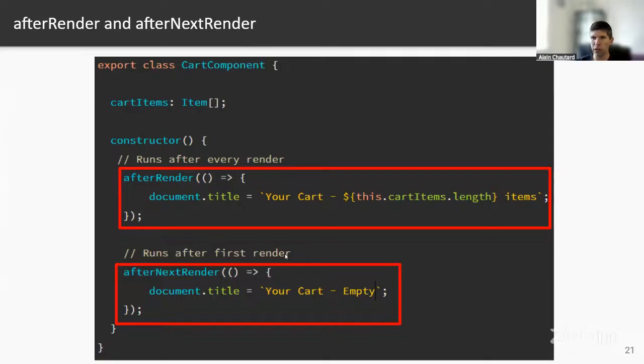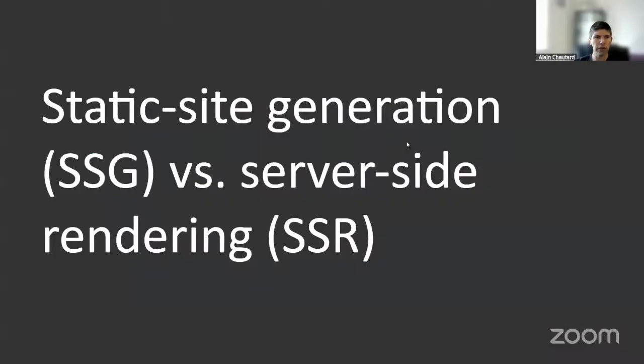So if it's something you need to do once, you would do it in afterNextRender, like ngOnInit, and it's going to run that code on the client side. If you want to run every time there's a change, then afterRender is the hook you want to use. But again, this is only if you want to use these native APIs. If you don't use those, you don't need to do anything different in your application.